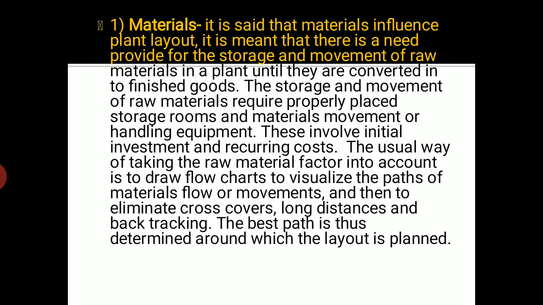Once it is in the production house, you have to pass it on from one machine to the next, and the next. And within this passing of the material, we try to see that minimum material handling is there and minimum distance is traveled. There should be no long distance traveled by the materials, because it will make the process lengthy, right?